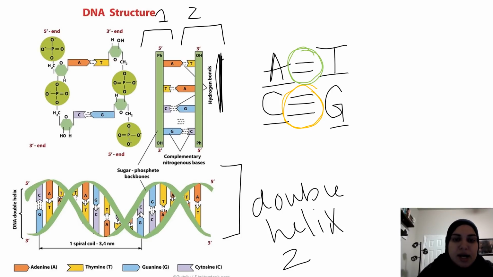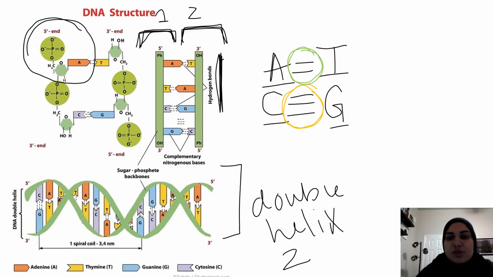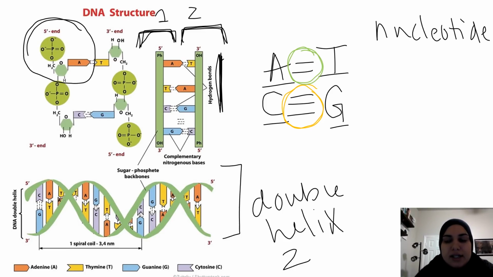Alrighty, so just going back, we said it's a double helix made of 2 strands of DNA. If I look at the structure of DNA, it is made of a bunch of nucleotides. So what is a nucleotide? That is its monomer. It has a chimney, a house, and a garage.